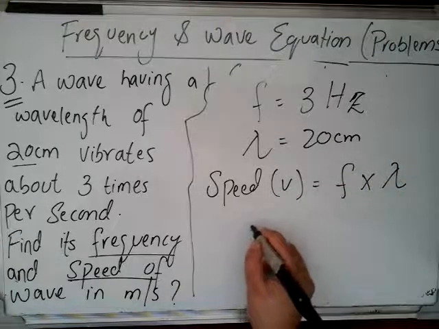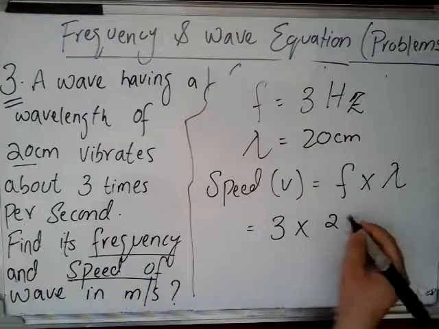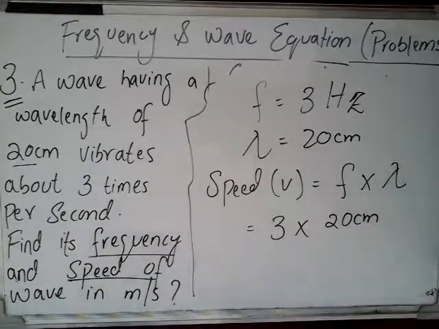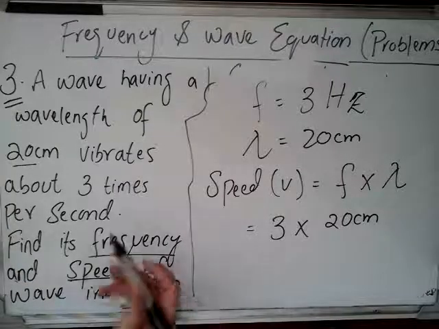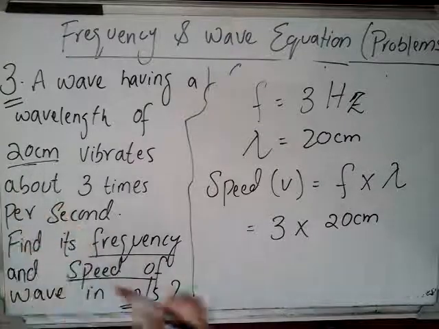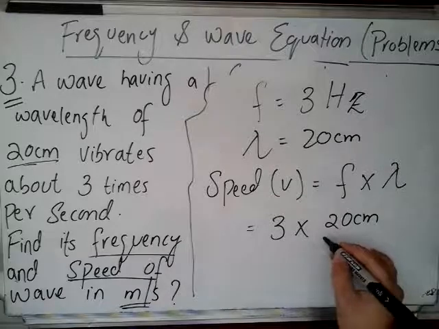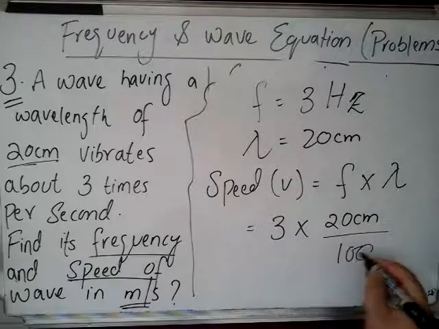So here the frequency is 3 multiplied by the wavelength, which is 20 centimeter. You have to calculate speed in meter per second, and the wavelength is given in centimeter, so you have to convert centimeter into meter. For this purpose, you divide the centimeter value by 100.